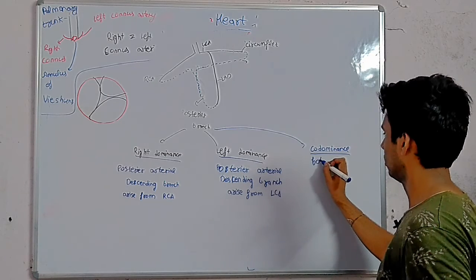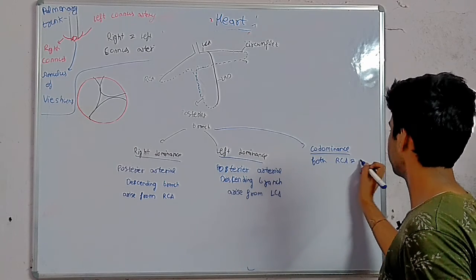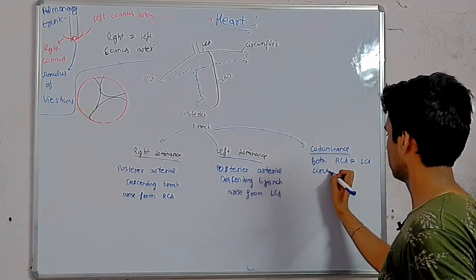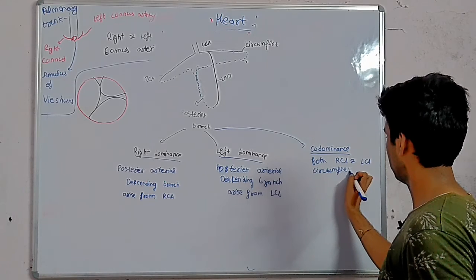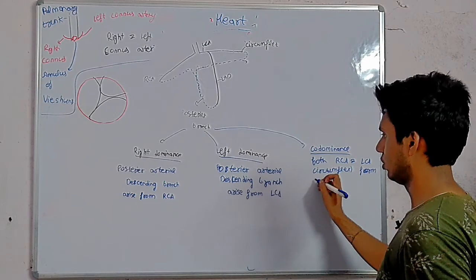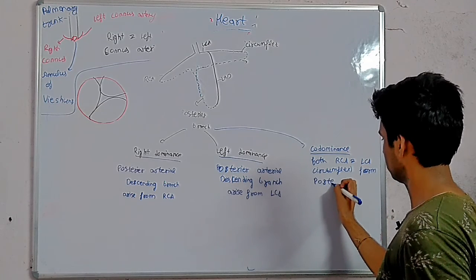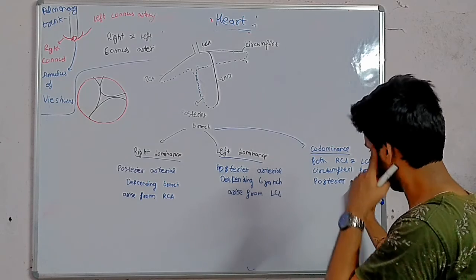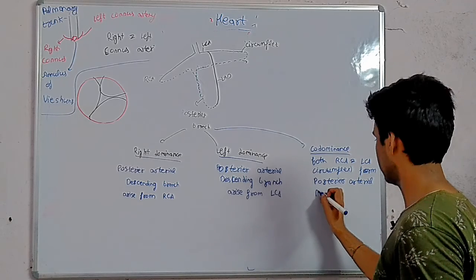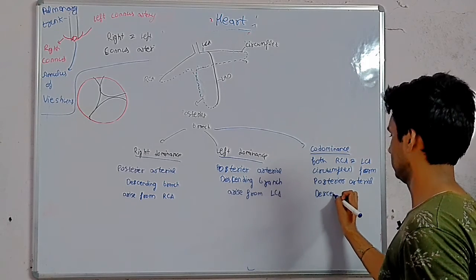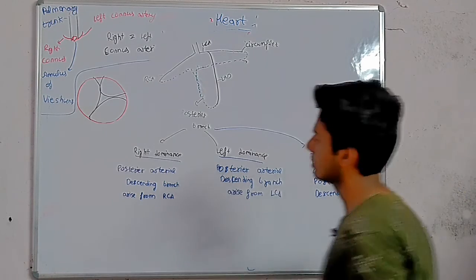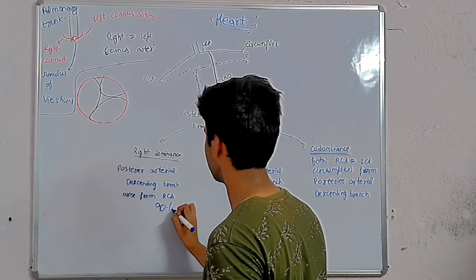Both RCA and LCA, the circumflex, form the posterior descending arterial branch. The most common is right dominance, almost 90%.